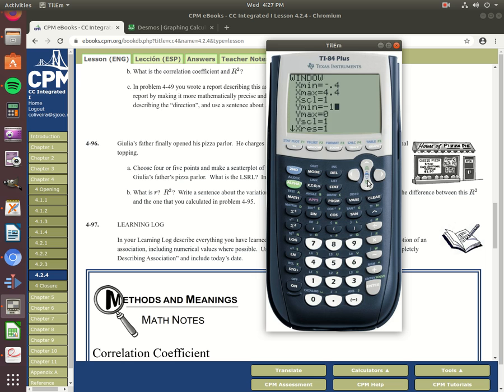So I'll make my Y minimum -1 and my Y maximum 1. Oh, I'm using a minus, I'm not using a negative. The calculator makes you use a negative. My mistake. I'll graph, and you can see that's what it looks like.